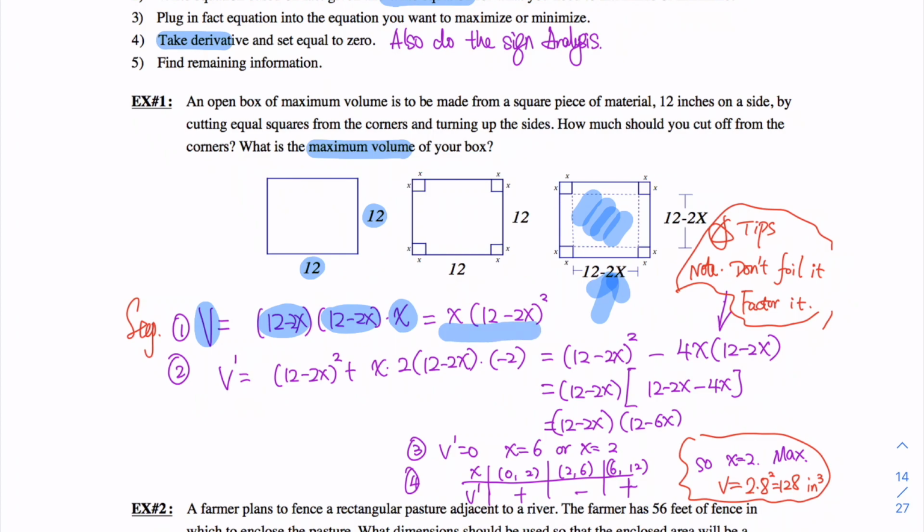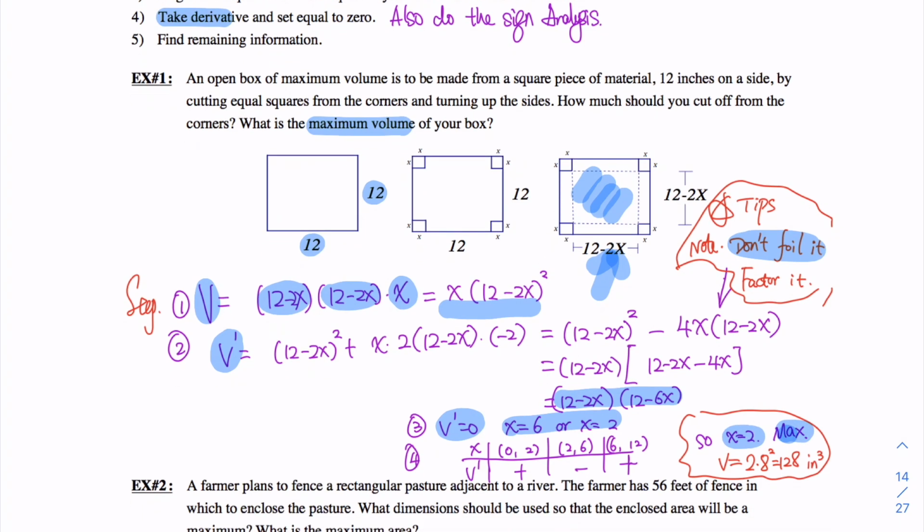So take the derivative. Here, don't FOIL, and factor. We set it equal to 0, find the critical point, make a sign chart, and x equals 2 gives us the maximum value. The volume will be 128.